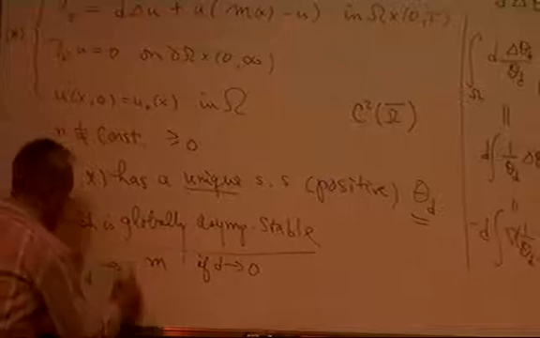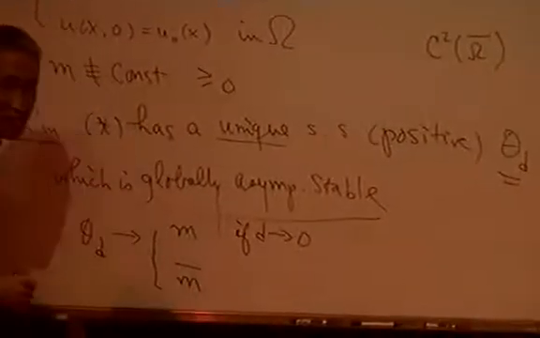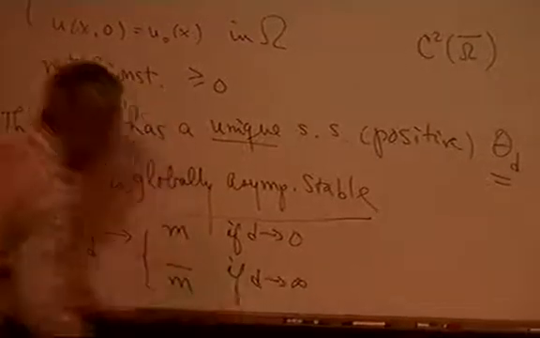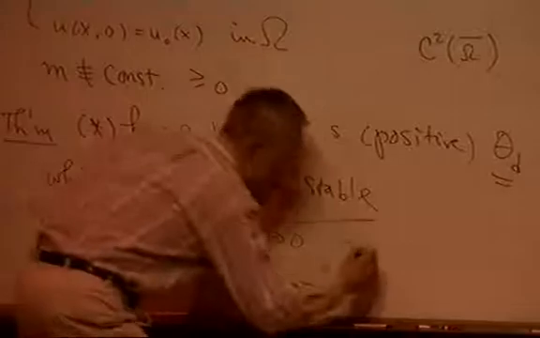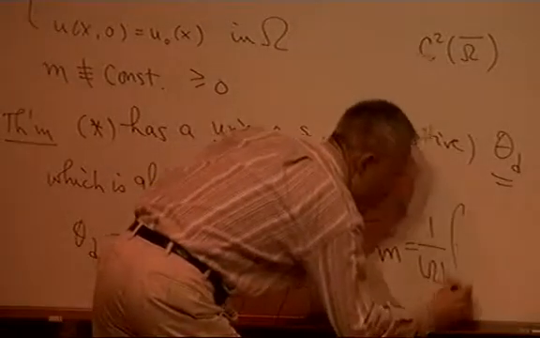And theta d goes to a constant m bar as d goes to infinity. So what is m bar? m bar is the average of m, of course. It's 1 over the measure of omega, times the integral over omega.